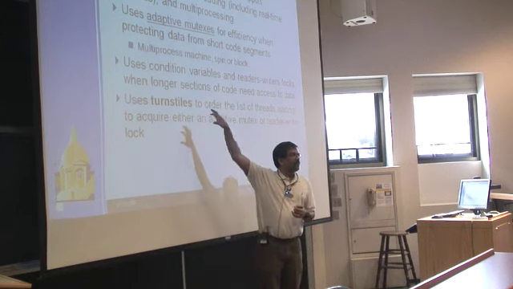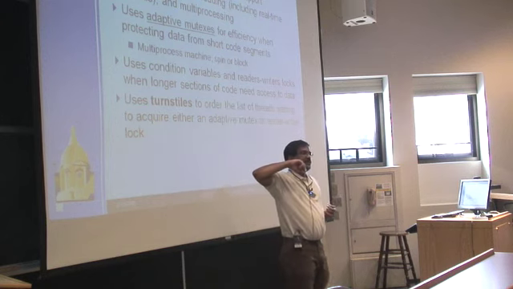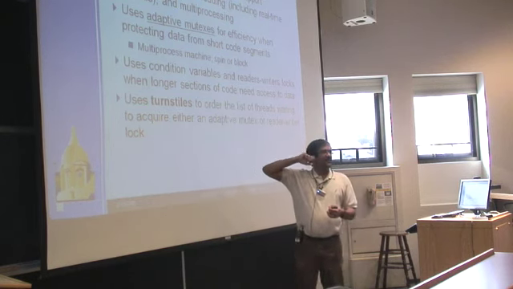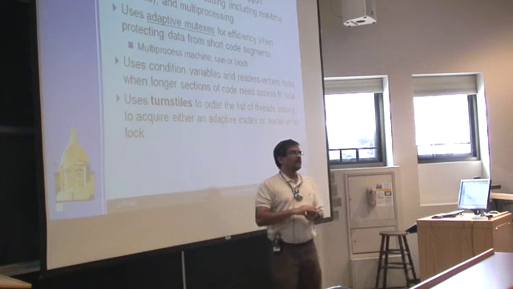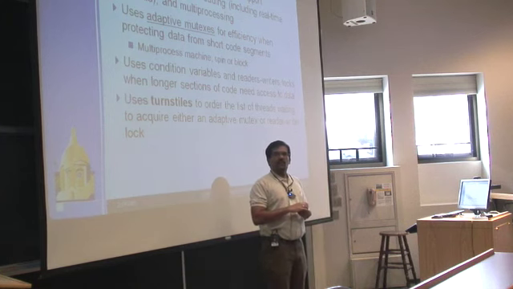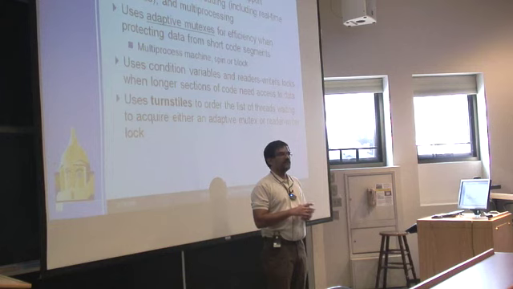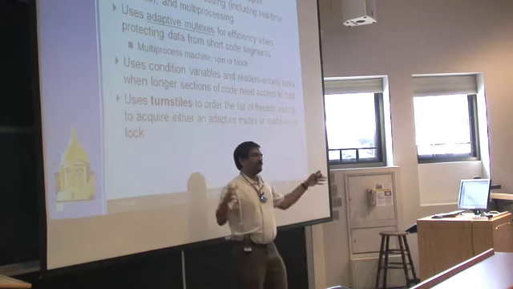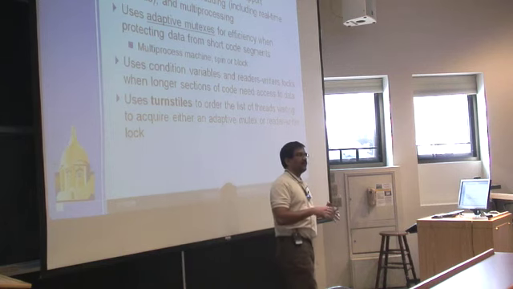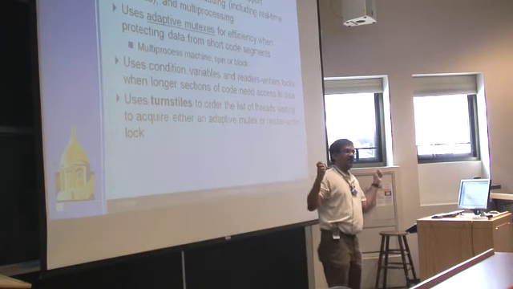So why do you think that Solaris was spending all this time on these optimizations? Where would this pay off? Yeah, servers or something like that? Lots of processor servers, right? Yeah, servers, but you're talking about big servers.